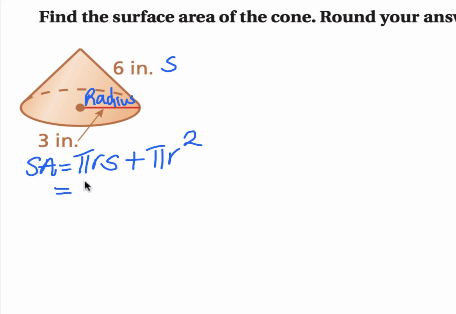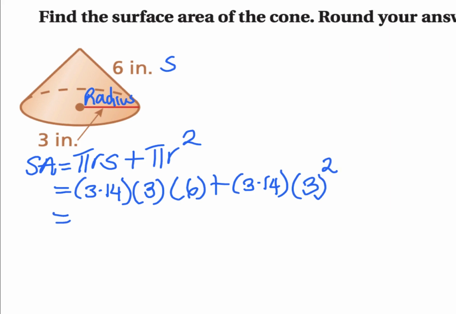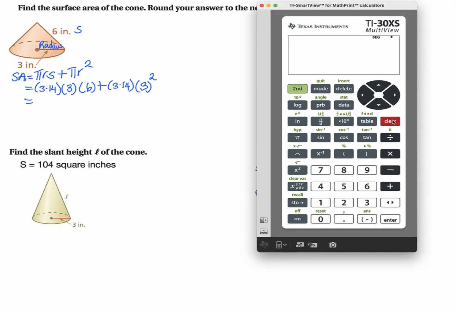For this example, I'm going to use 3.14 for pi, so I'm going to replace pi by its numerical value. R has a value of 3 and S has a value of 6, plus 3.14 replaces pi and R is 3, and we have to square. Once you have replaced all the variables by their numerical values, you're going to get your calculator and plug everything in.